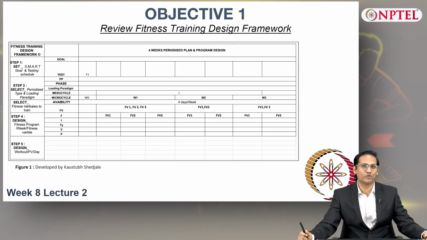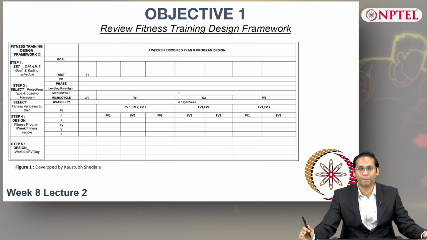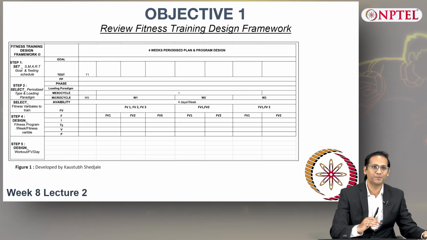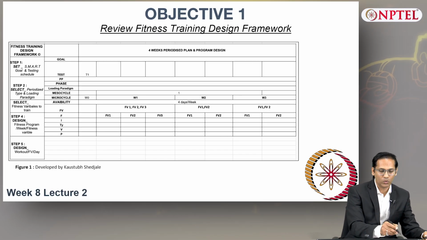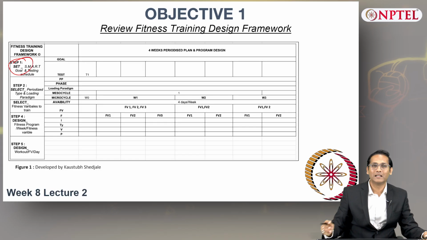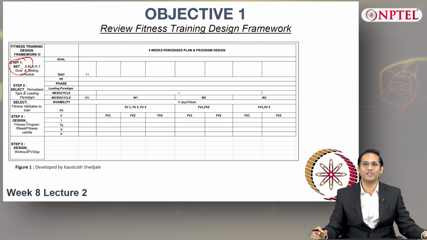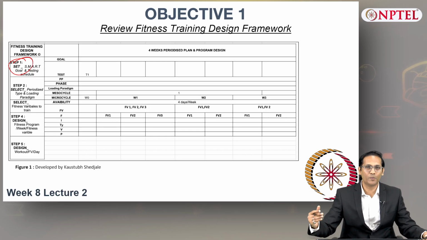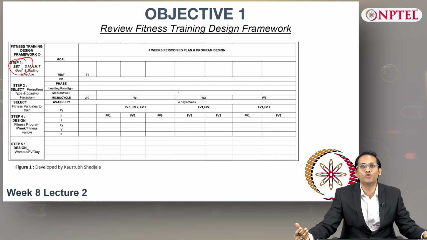Let's begin with objective number 1, the fitness training design framework. Now this framework has 5 parts. In the first part, you clearly mention the goal that you want to achieve, because without mentioning the goal, your program designs would be too generic.